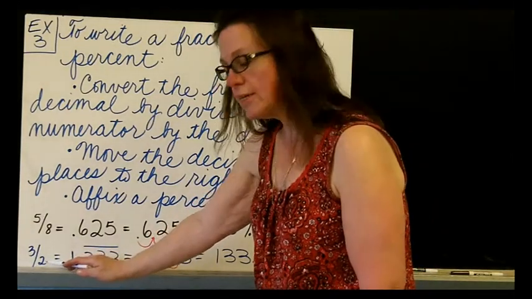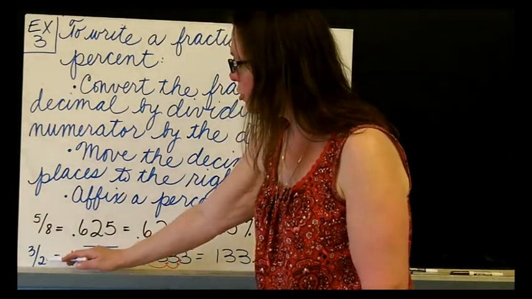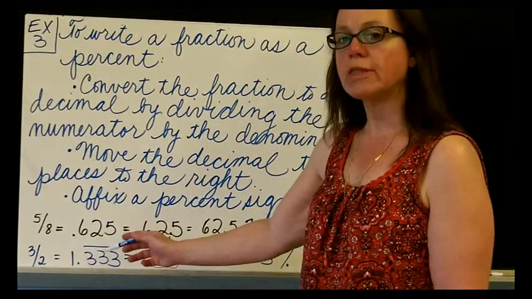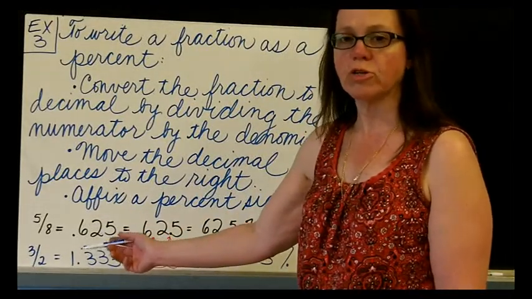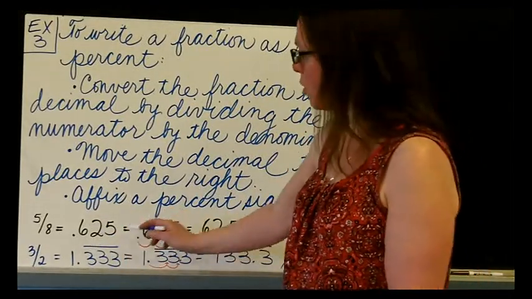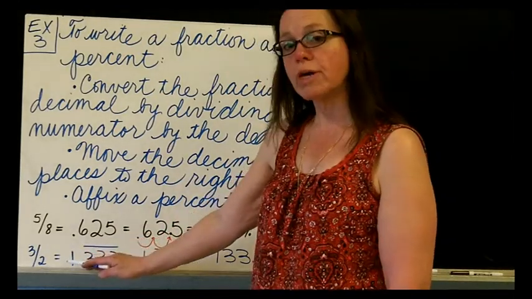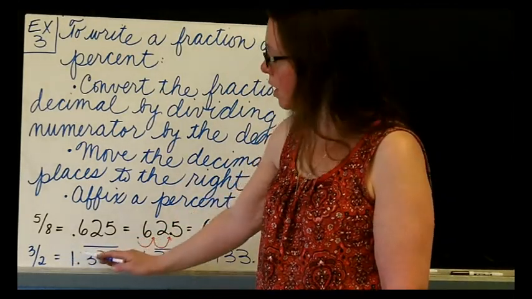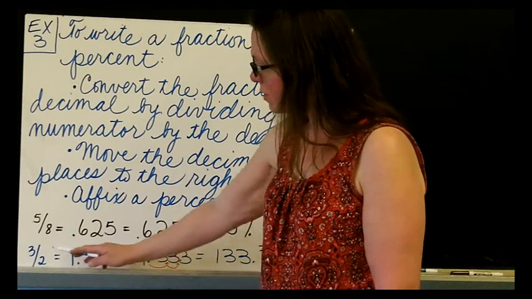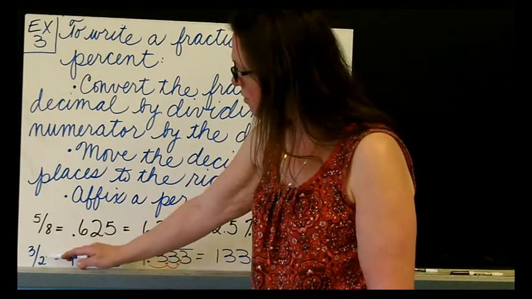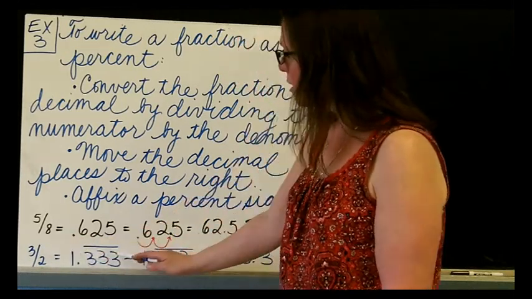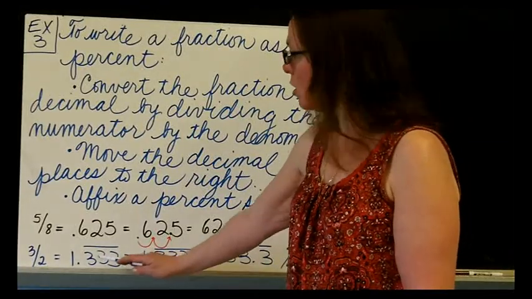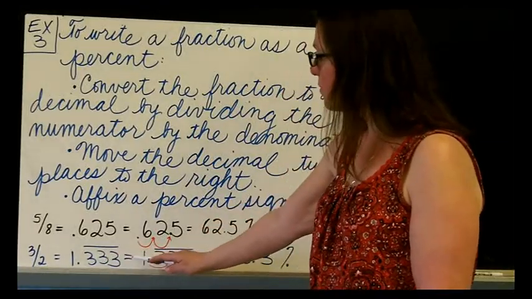Down here, if you can see it, we have 3/2. Now, when you look at 3/2, you know that that's an improper fraction. So that means that we are going to end up with a number that is greater than 100%. When you do your dividing, 3 divided by 2, you end up with a repeating decimal, 1.3 repeating.